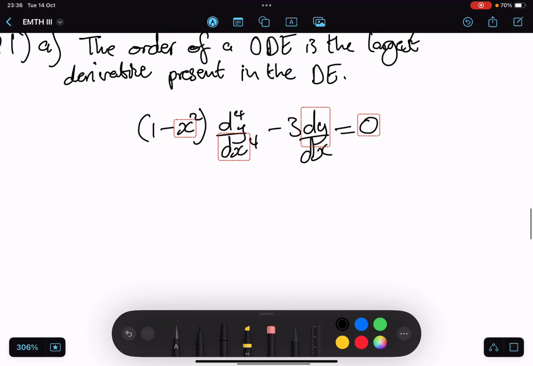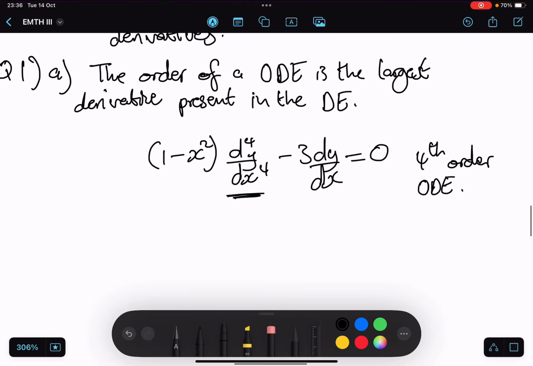This is an example of a fourth order ordinary differential equation because the largest derivative present is the fourth derivative, isn't it? This is how you can find the order of a differential equation. Just look at the largest derivative present.